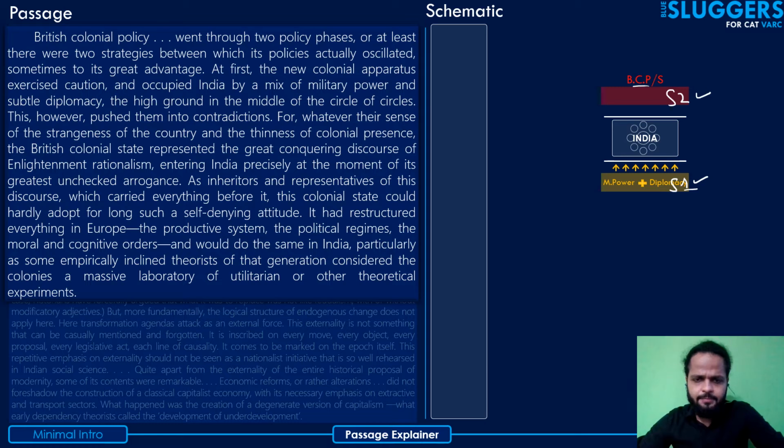Now, guys, so far as this particular phrase is concerned, the high ground in the middle of the circle of circles, what exactly does the author mean by this, and how does this relate to the context here, is something that I'll take up once we have completed the whole paragraph. There's reason for that, because this phrase requires information that is, at least to some extent, from outside the purview of the passage.